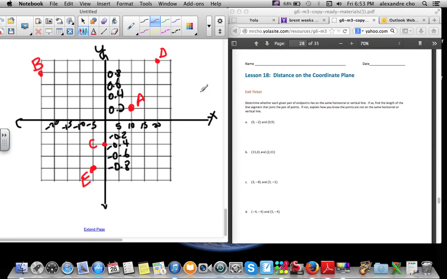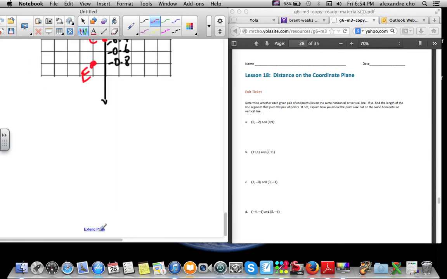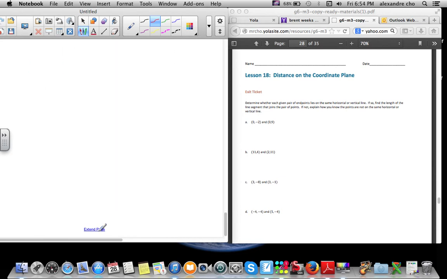Number 28. Determine whether each given pair of endpoints lie on the same horizontal or vertical line. So find the length, or how far they are from each other. 0 and negative 2, 0 and 9.